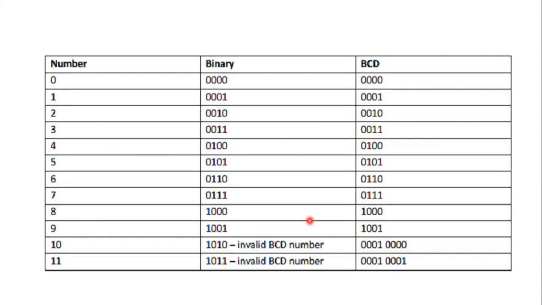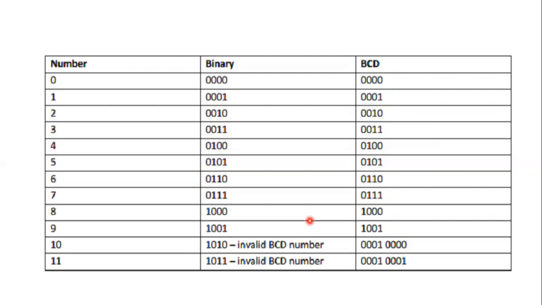The next one is binary coded decimal, what is called the BCD. It is also known as weighted code. Straight binary numbers are difficult to understand. For example, if we take a binary number, suppose 10110111, the corresponding decimal is 183.